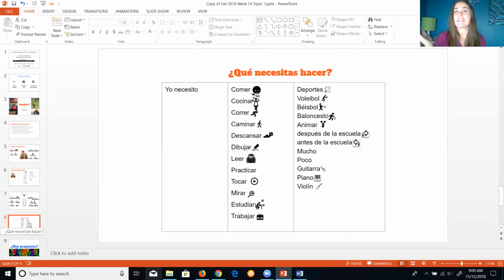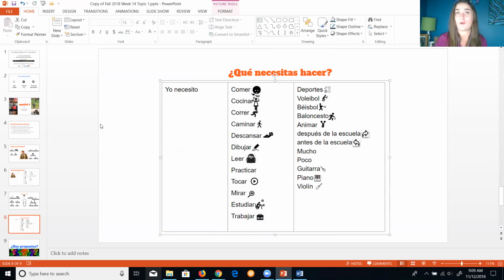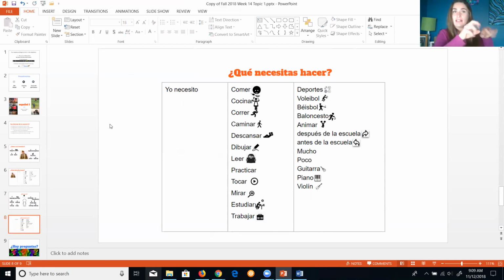Okay. Based on what you just said about yourself, ahora, ¿qué necesitas hacer? Now, necesitas ends in that AS, right? That's the tú conjugation. So it's asking, what do you need to do? To answer, we would conjugate necesitar in the yo form. So we take off the AR, we add the O, and we have necesito. So escriben en el chat, yo necesito cocinar, or based on what you said about yourself. ¿Qué necesitas hacer?